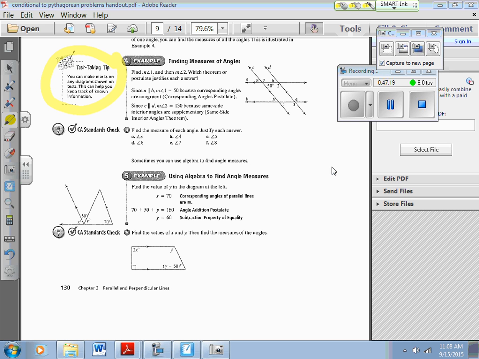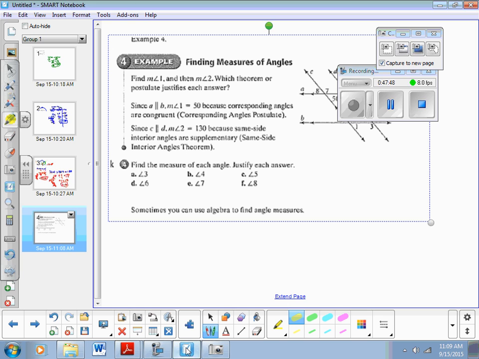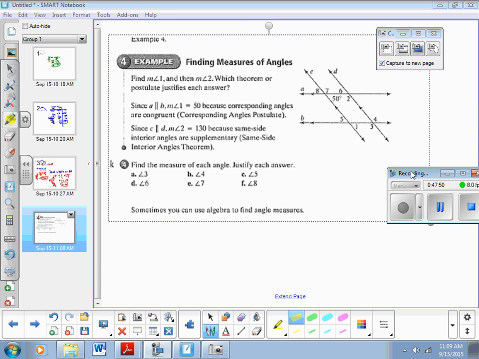You guys can make marks on any diagram, either extending the lines or whatever will help you. I'm going to do that right now with this example, and the next one below it. You should be able to visualize things in your head and be able to draw it. All right, take a look at this example. I'm going to open it up a little bit more.